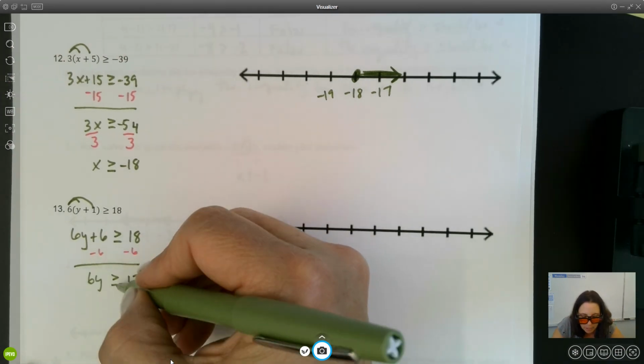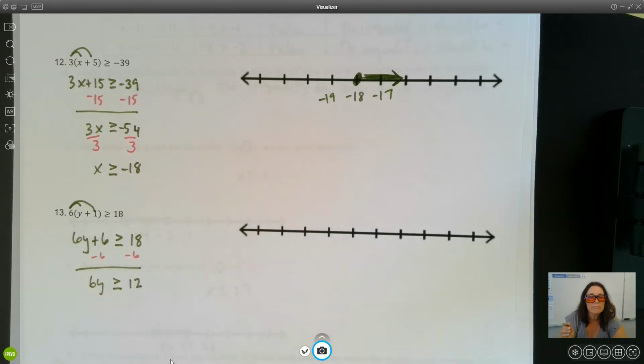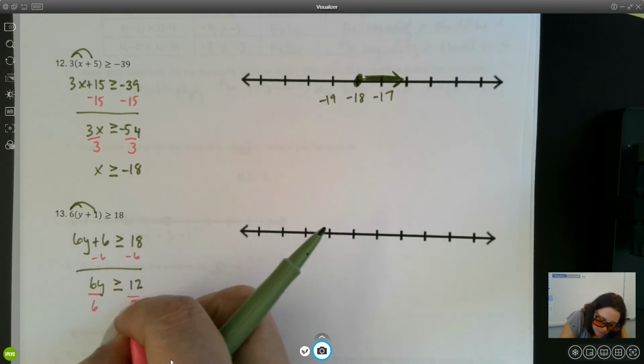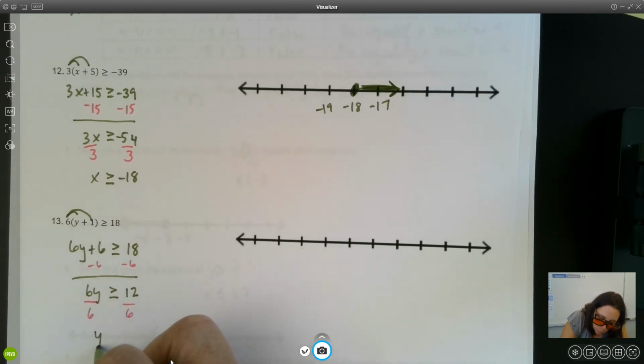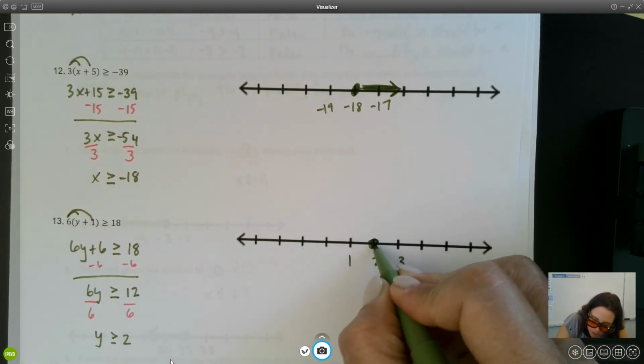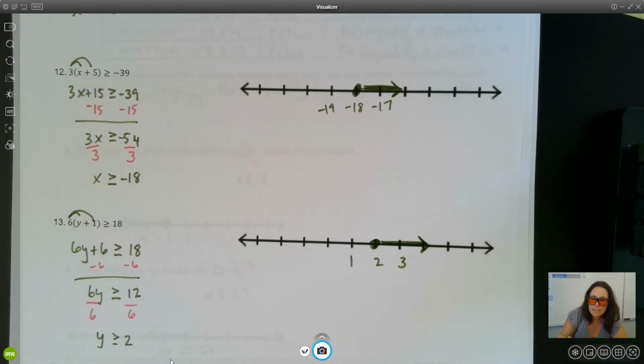You're not flipping this because you're subtracting 6. You only flip the inequality when you multiply or divide by a negative. You're going to take a 6th or divide by 6 and get y is greater than or equal to 2. 1, 2, 3. Solid circle on 2, shaded this way.